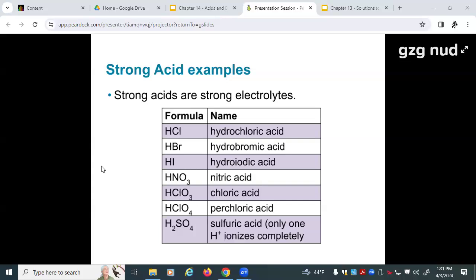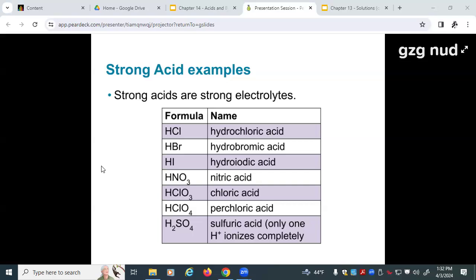Hydrochloric acid is found in certain types of toilet bowl cleaners. Nitric acid is a precursor in the production of nitrogen-based fertilizers. Sulfuric acid is found in a number of different kinds of compounds.